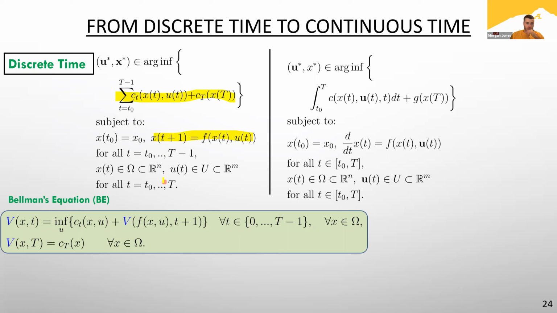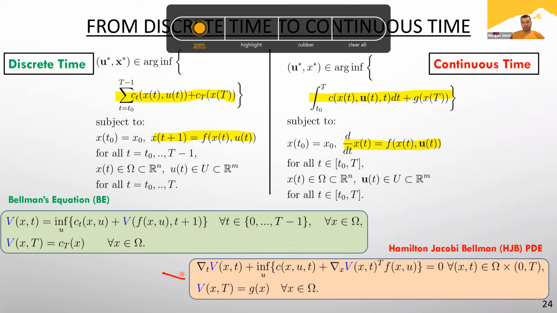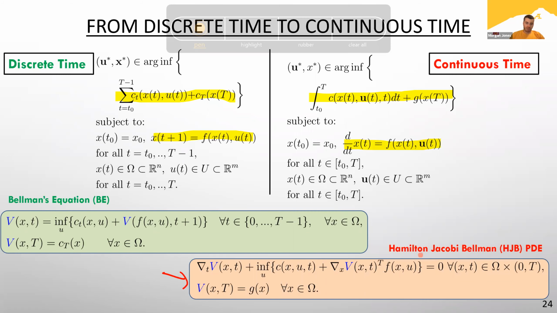We can recall from earlier in the talk that if we can solve the Bellman equation that's given in this green box, then we can solve the discrete time problem. In the continuous time case, now the cost is an integral rather than a summation. And the dynamics are an ordinary differential equation rather than a recursion equation. And analogous to the discrete time case, if you can solve this optimality equation called the Hamilton-Jacobi-Bellman partial differential equation, or HJB-PDE for short, then you can also solve the continuous time problem.